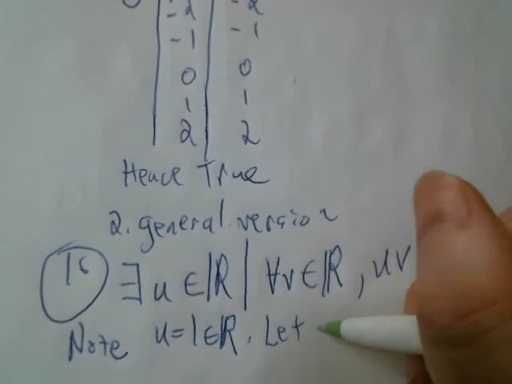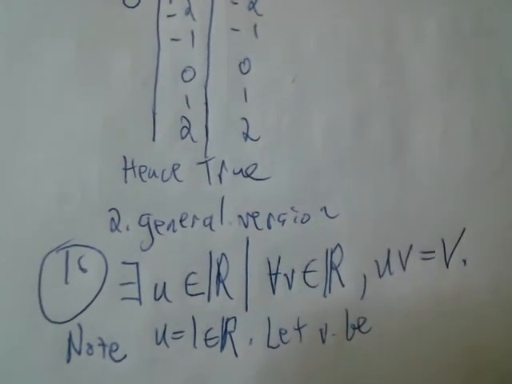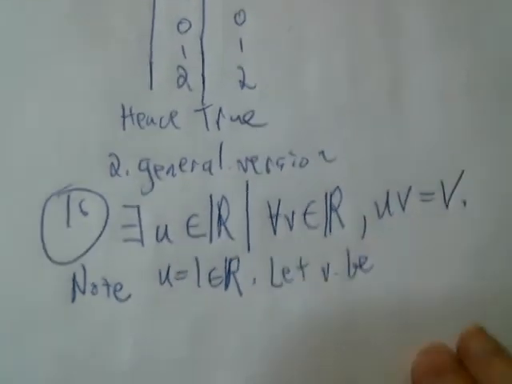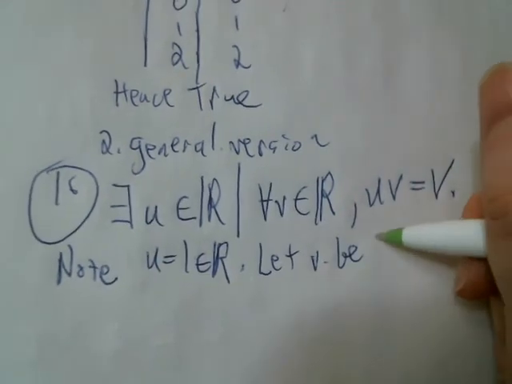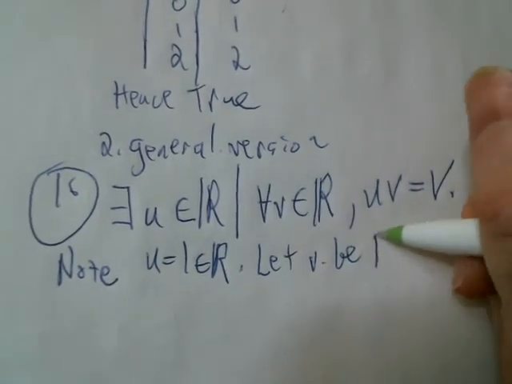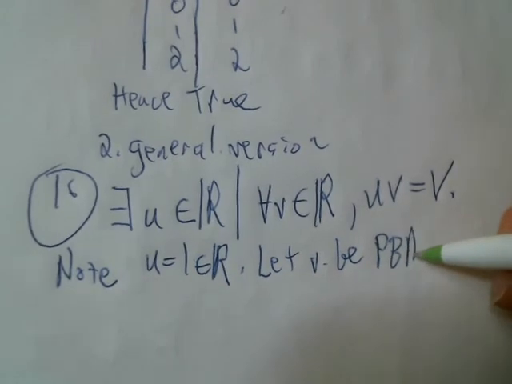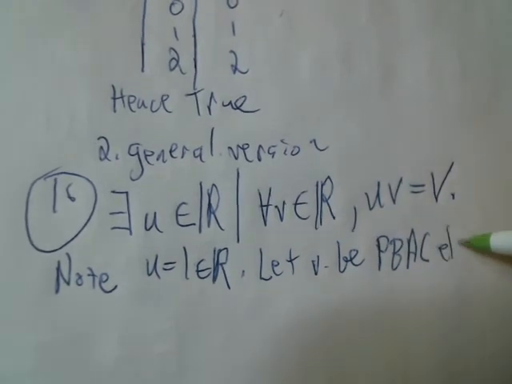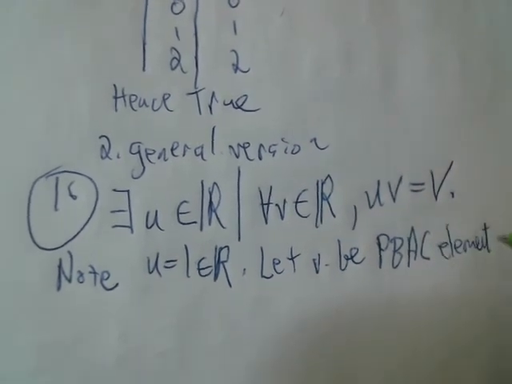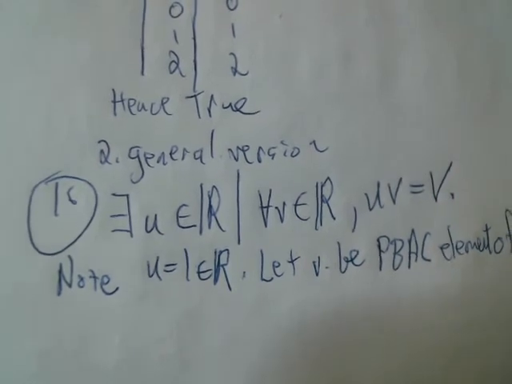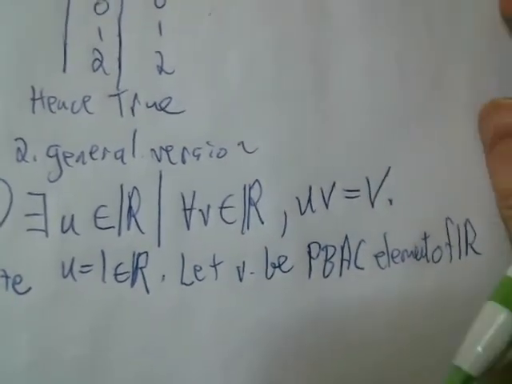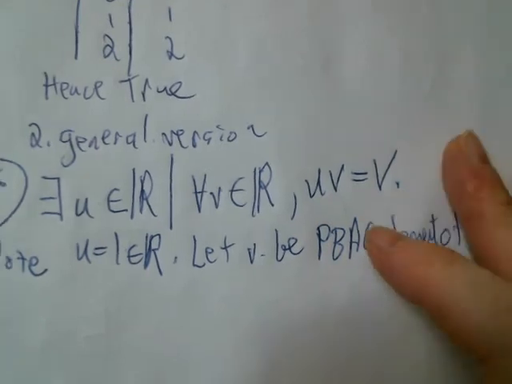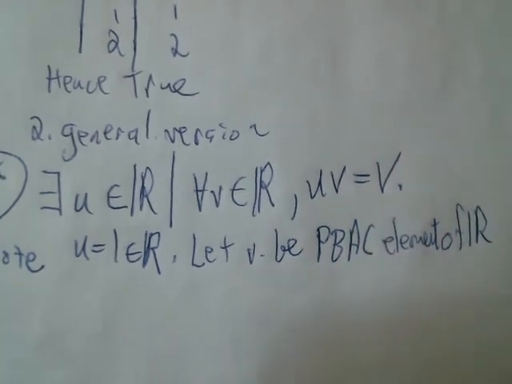And then let v be a particular but arbitrarily chosen element of R. So you talk in generalities, and it's like killing an infinite number of birds with one stone.